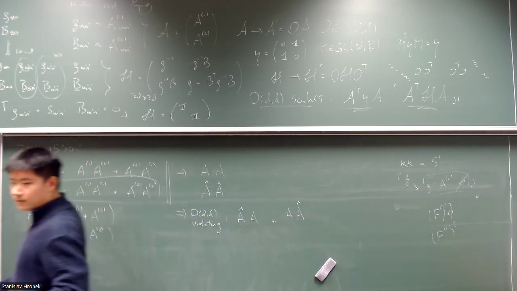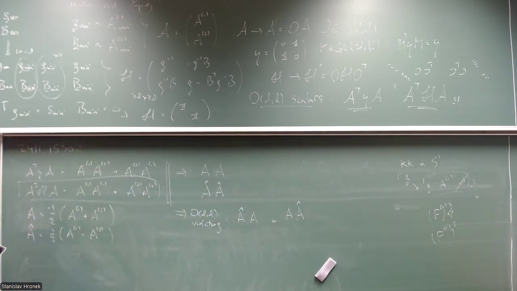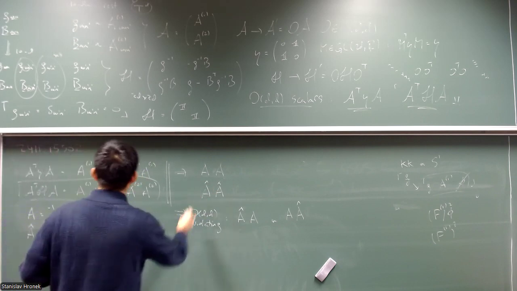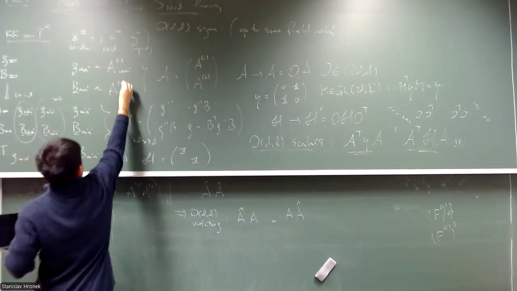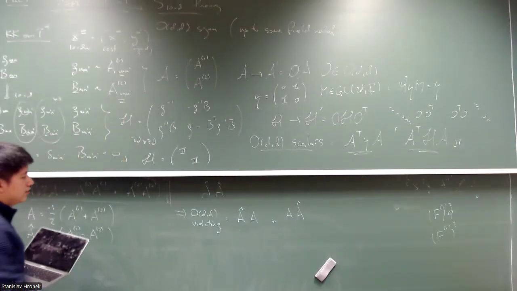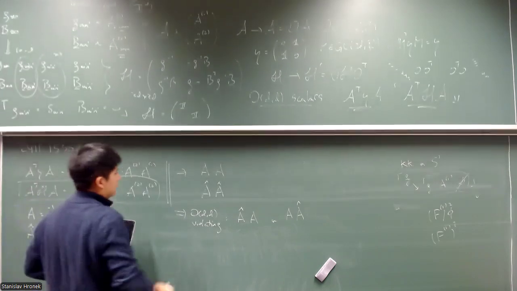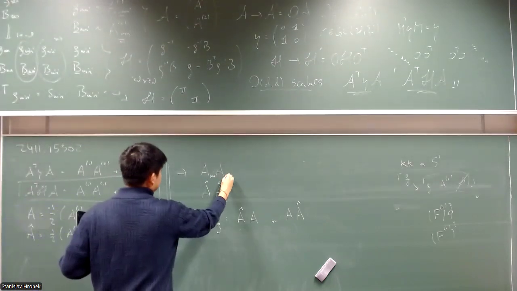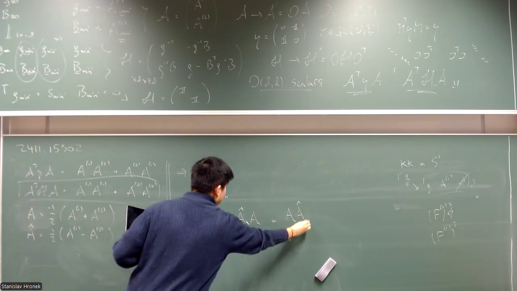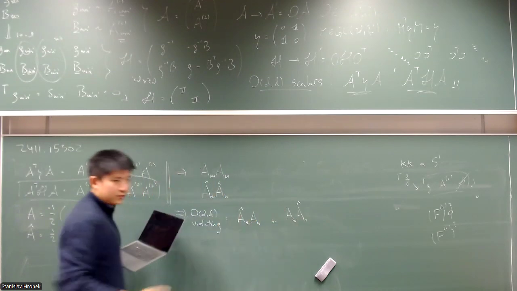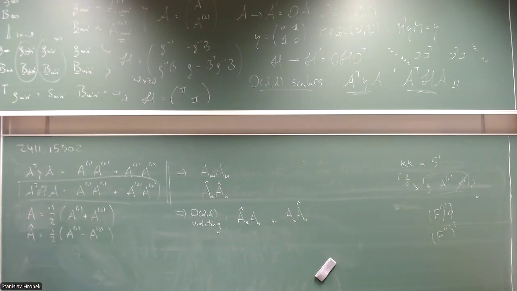Well, what's the difference between A hat A and A hat? So here I'm kind of sketchy because I didn't write down this external index. So in principle here you would see something, and then here and then there. So this one is sort of different from that. It depends how you do the indices.